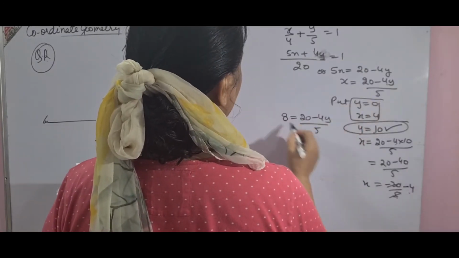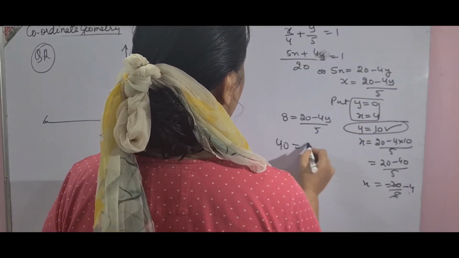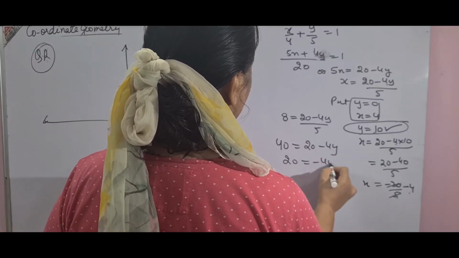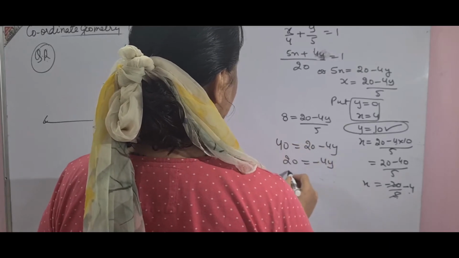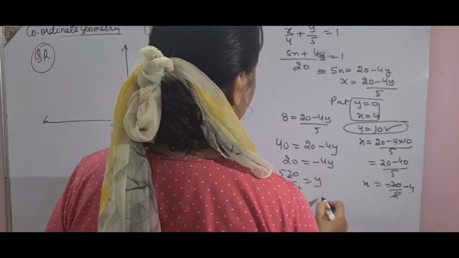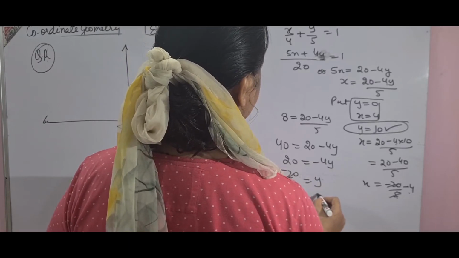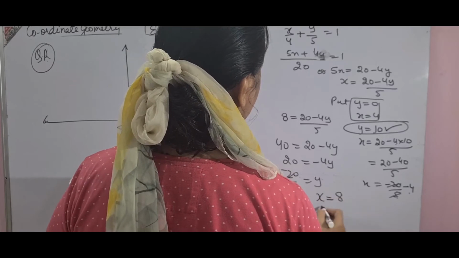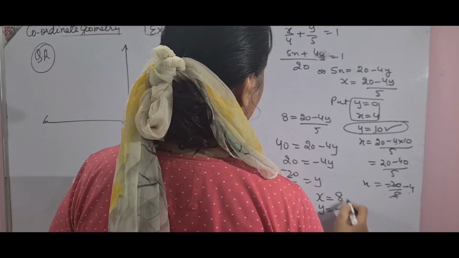So I put x is equal to 8. 5 8s are 40, 20 minus 4y, or 20 is equal to minus 4y, because I take 20 to that side, or 20 upon minus 4 is equal to y, or minus 5. Therefore, x is equal to 8, y is equal to minus 5.